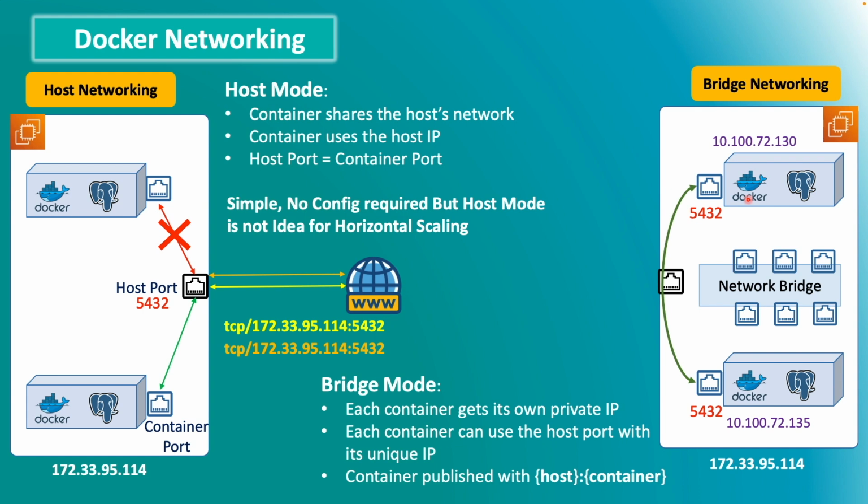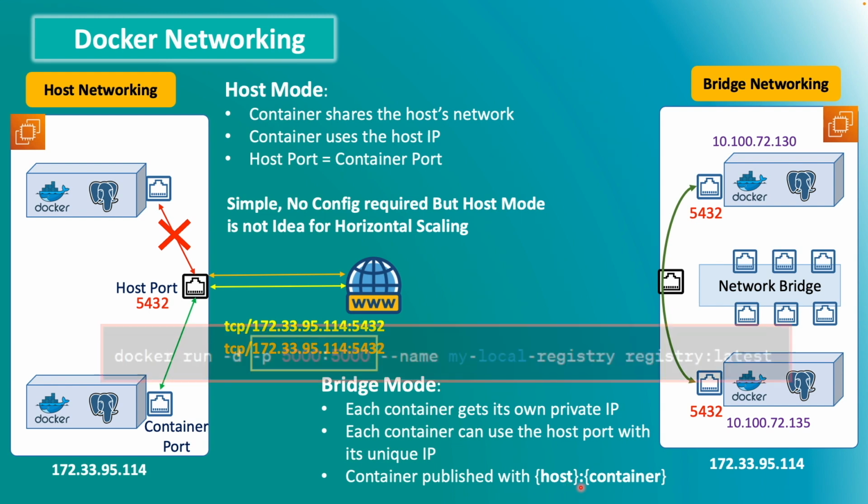To communicate with the outside world, we must publish these containers with port mapping. That is why we have to publish the binding between host port and the container port in this special format: curly braces host port colon curly braces container port. When you see two ports separated with a colon, that means it's bridge networking.